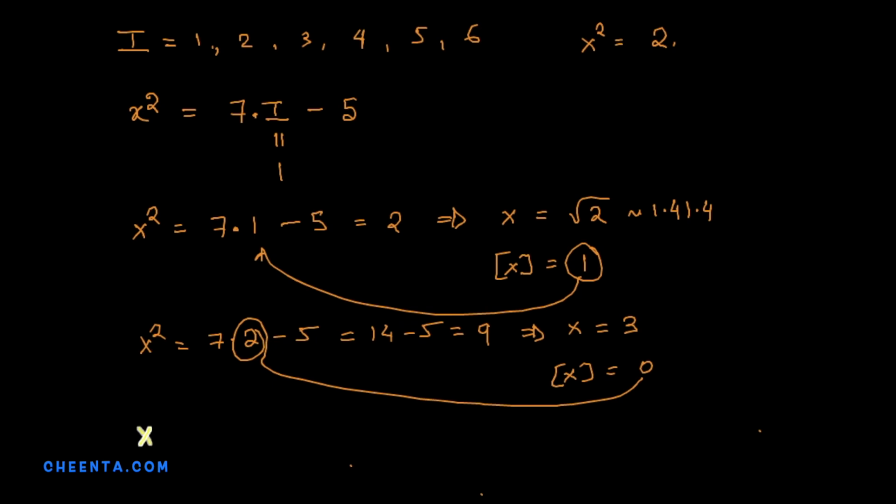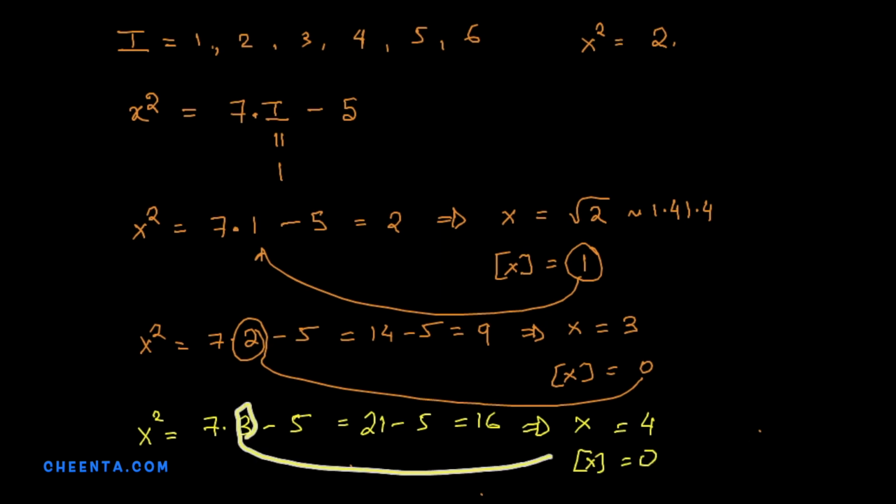Okay, let's try I equal to 3. So x squared equal to 7 times 3 minus 5, which is 21 minus 5, which is 16. Again, we have the same problem because then x is 4, floor of x is 4. It doesn't work because we want floor of x to be 3. Okay, so 2 and 3 do not work.